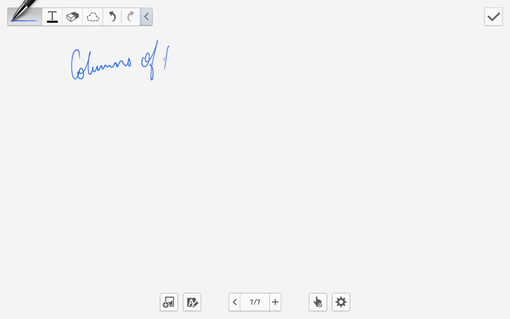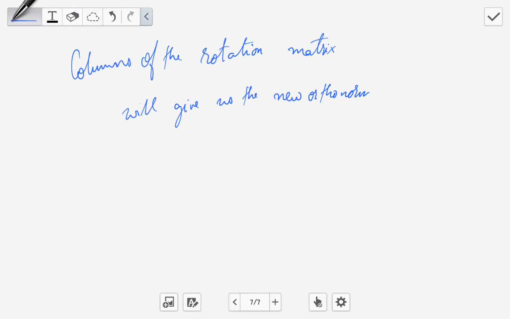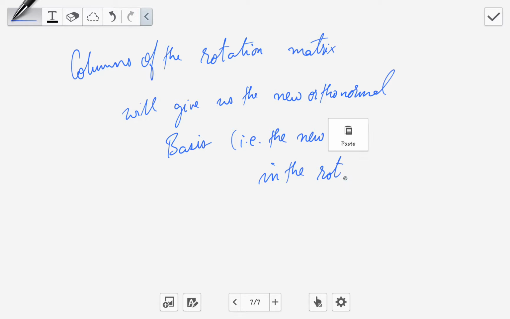Columns of the rotation matrix will give us the new orthonormal basis, that is the new basis in the rotated frame.